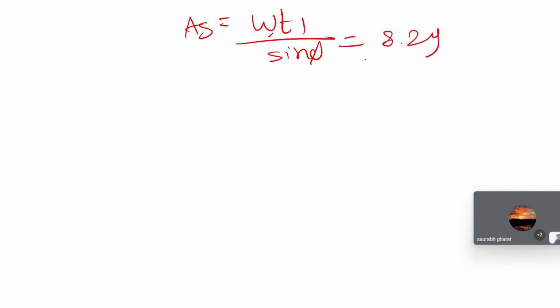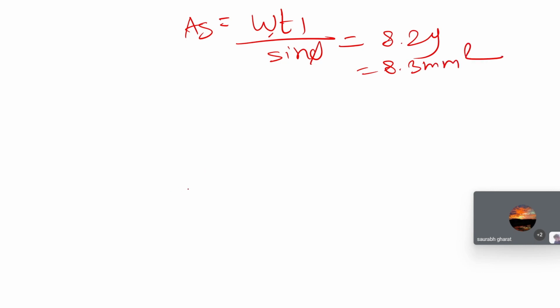When you get the force, you have to find your As, that is the area. The area comes to 8.29 millimeter square, which can be considered 8.3 millimeter square.